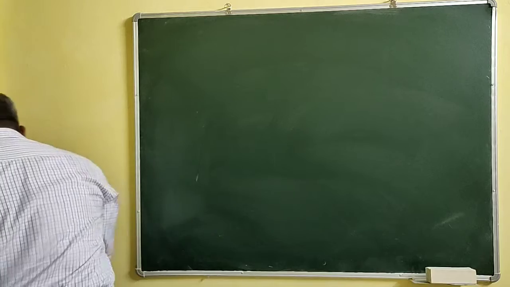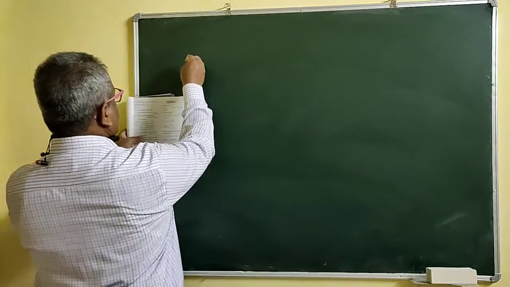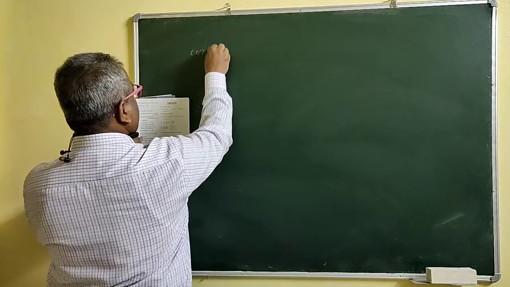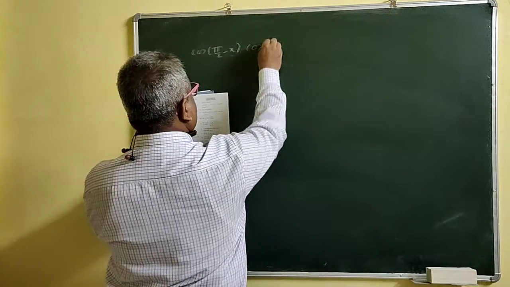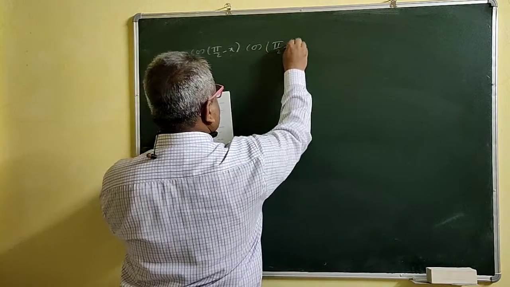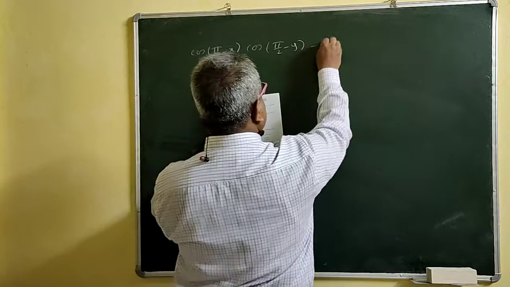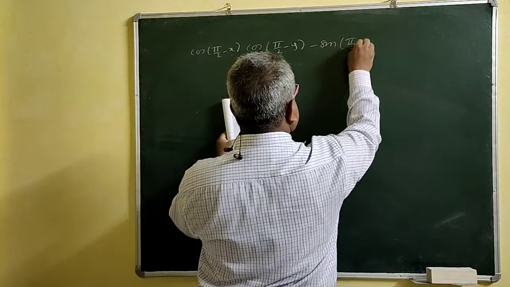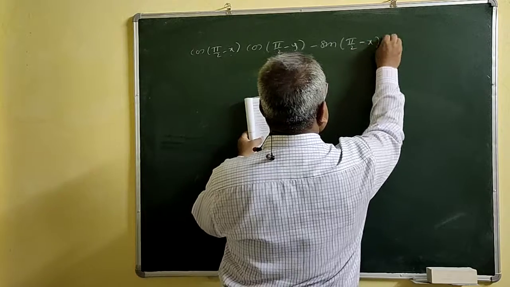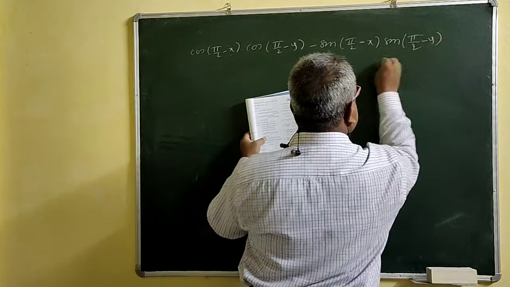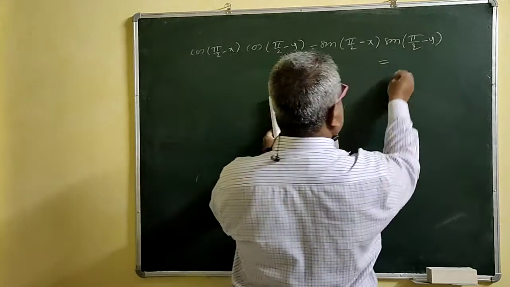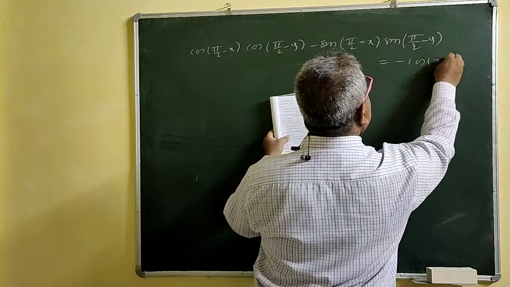Now next, prove that cos of pi by 2 minus x into cos of pi by 2 minus y, minus sin of pi by 2 minus x into sin of pi by 2 minus y, is equal to minus cos of x plus y.